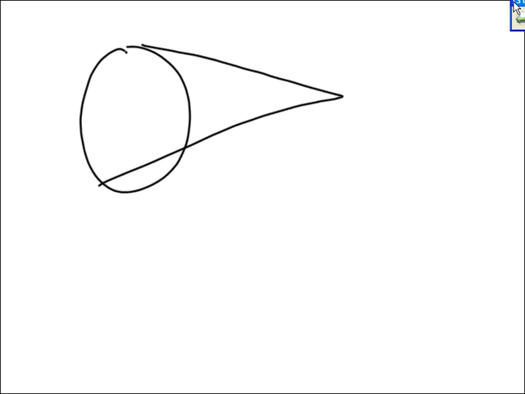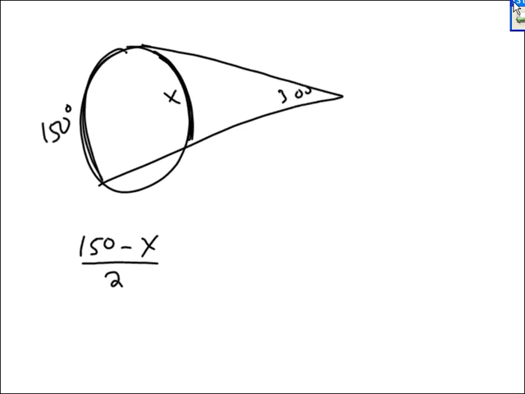Suppose we have this problem. 150 degrees, 30 degrees. Find X. X being this arc. Well, 150 minus X, when you divide it by 2. When you subtract these two arcs and you divide them by 2, you get that angle out there, 30. 2 times 30 degrees is 60 degrees.